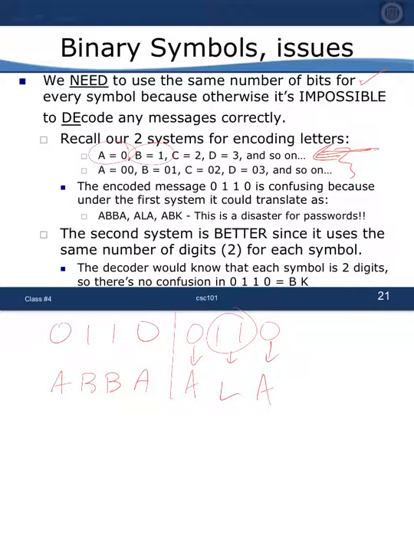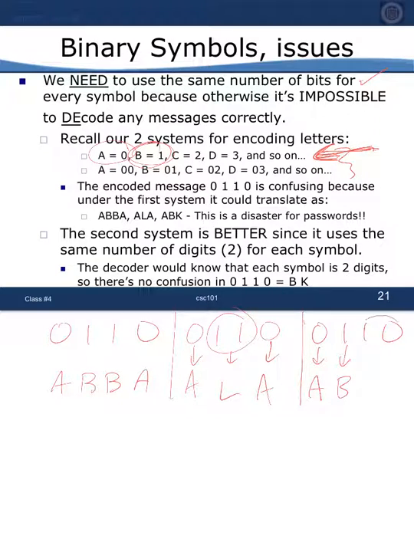Well, even worse, just for effect, somebody else might look at this code in the first system of numbering and say, okay, that 0 is A, that 1 is B, because it is, right? B is 1.